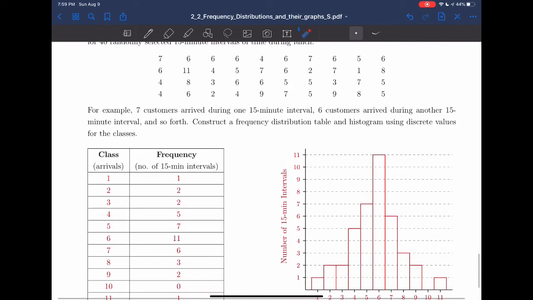And then you count how many ones are there, how many twos, threes, fours, etc. You count all those and put them in your frequency column.